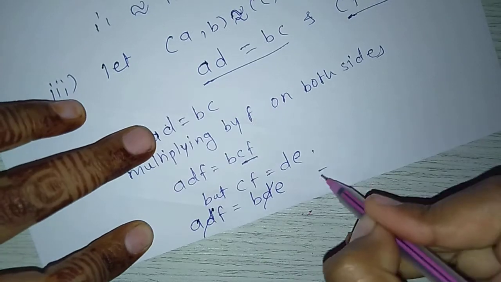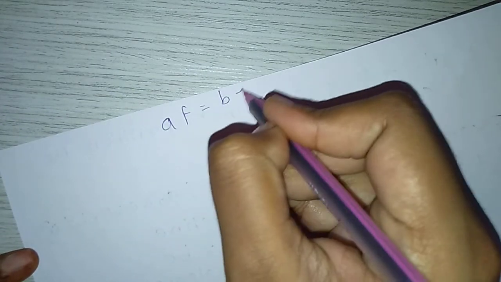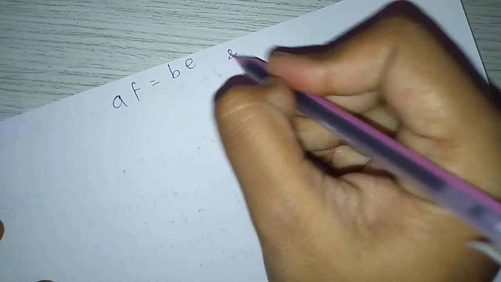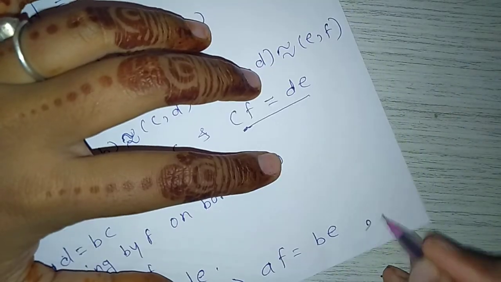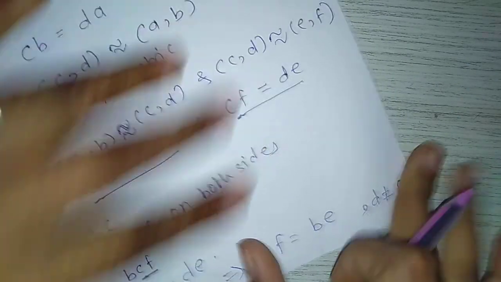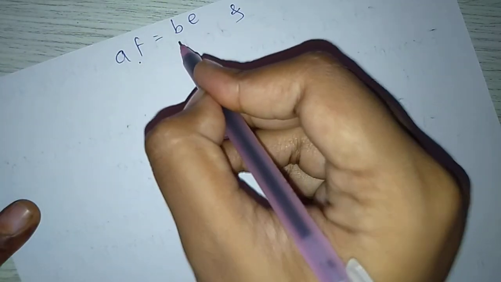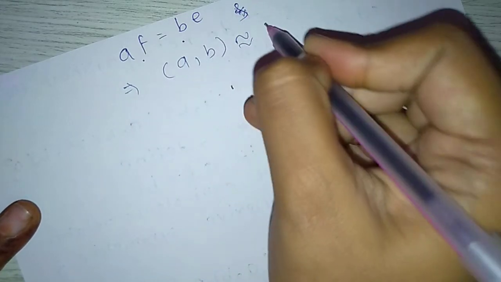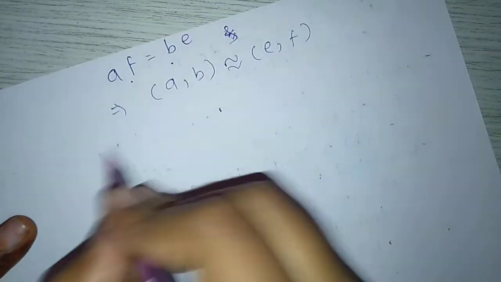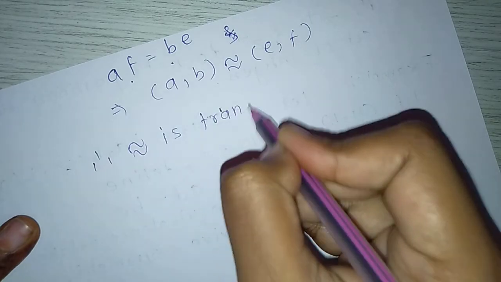The d gets cancelled when d is not equal to 0, which implies af equal to be, which implies (a, b) similar to (e, f). Therefore, similar is transitive.